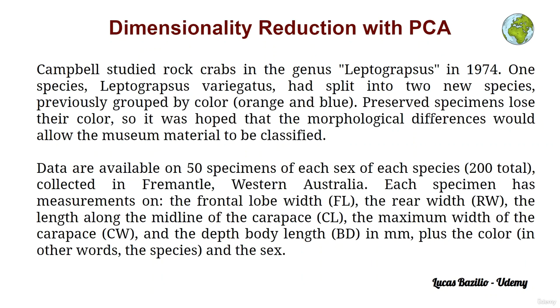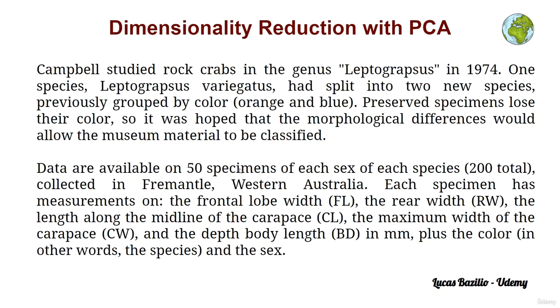Preserved specimens lose their color, so it was hoped and expected that the morphological differences would allow the museum material to be classified. So here is where the data set comes in.